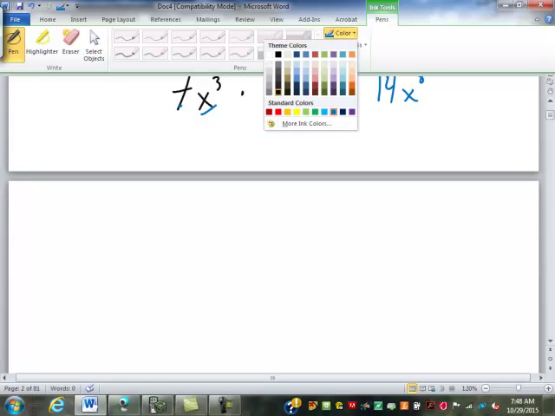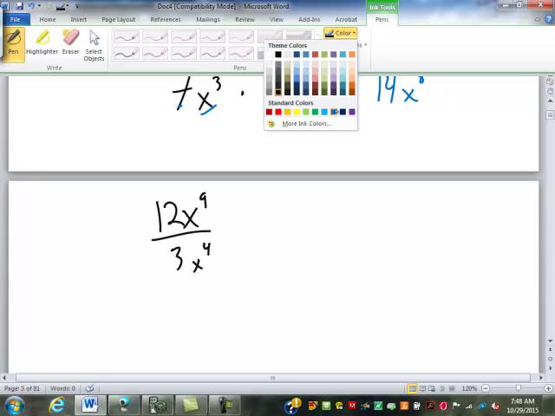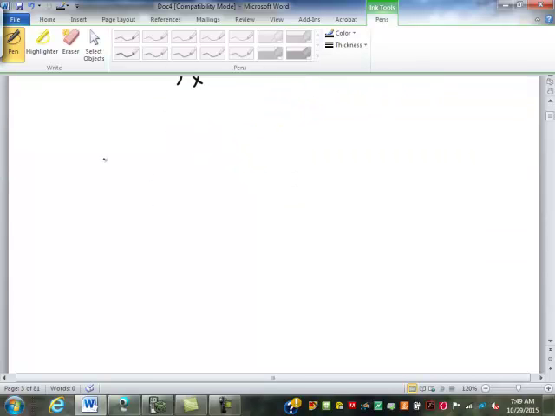And then if we had 12x to the 9th over 3x to the 4th, when we're dividing, 12 divided by 3 is 4. X to the 9th divided by x to the 4th is x to the 5th. 9 minus 4 is 5. Okay, how about that?